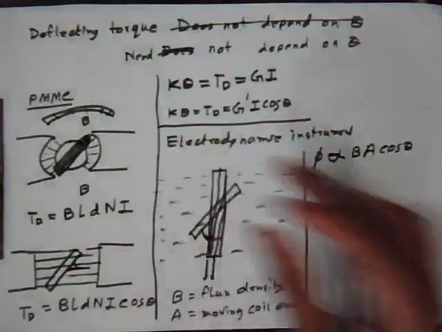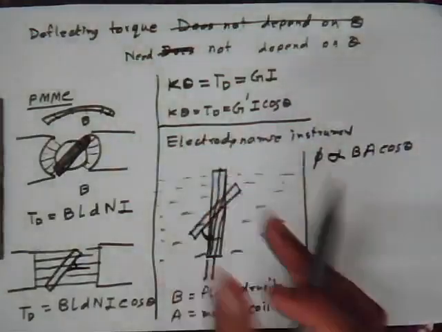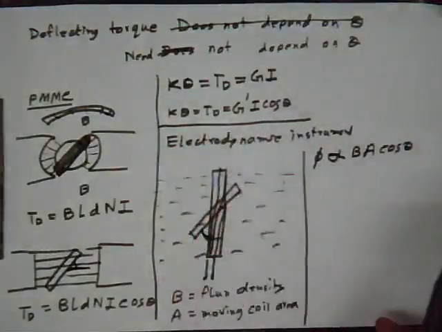So here it has maximum flux linkage, and as theta increases, flux linkage decreases.